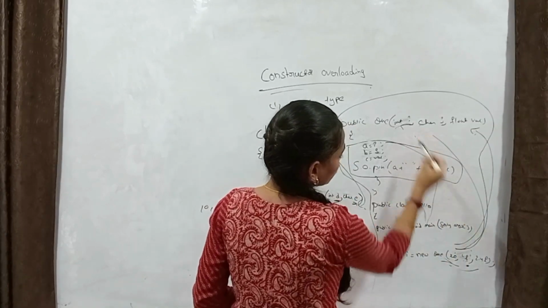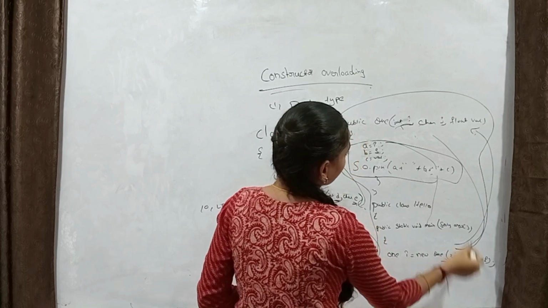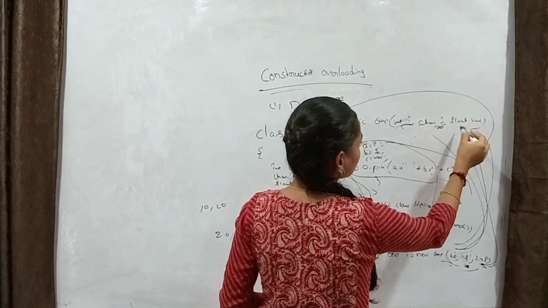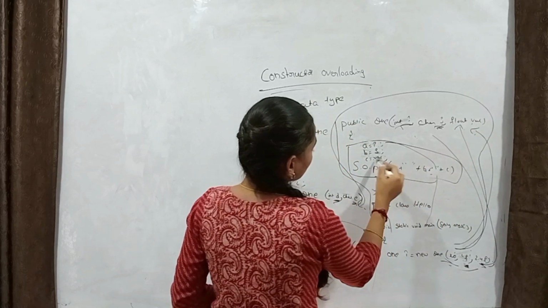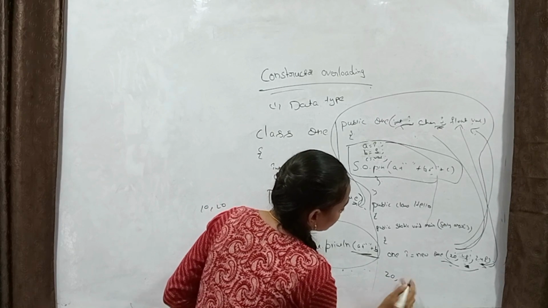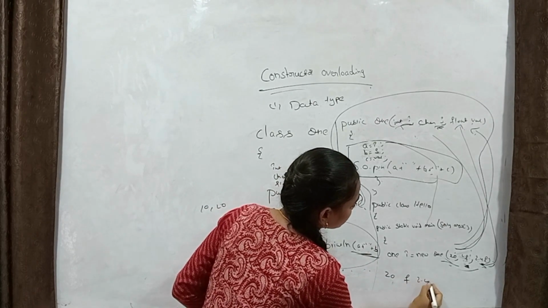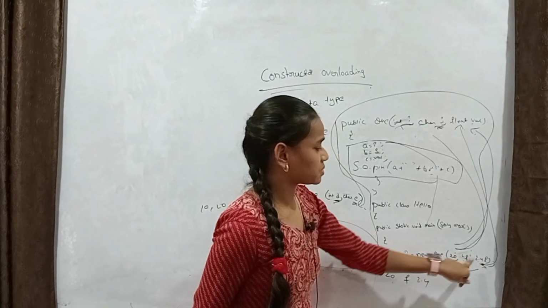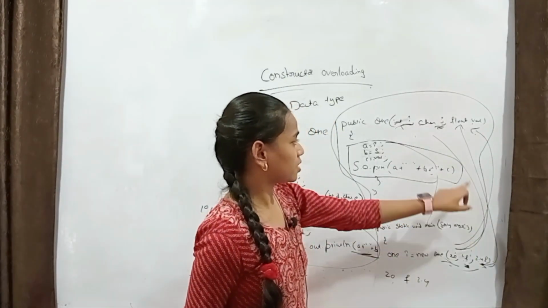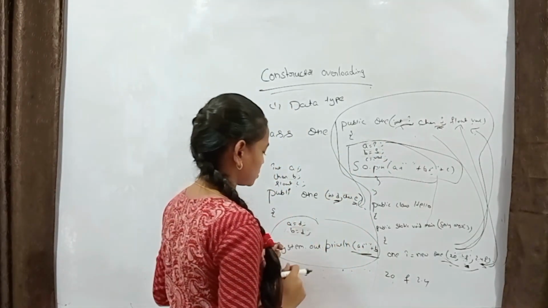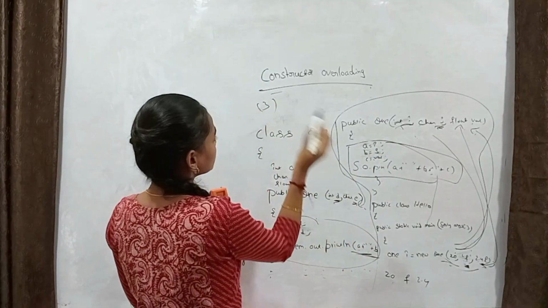Like 20 will be assigned to int i, one character will be assigned to j, and the 2.4 float value will be assigned to k, and the output will print like 20, f and 2.4. So depending on the number of parameters and types of parameters, JVM will run the code. It will pass the values to the parameters. Third one, sequence.